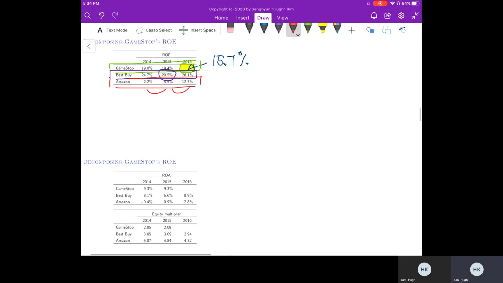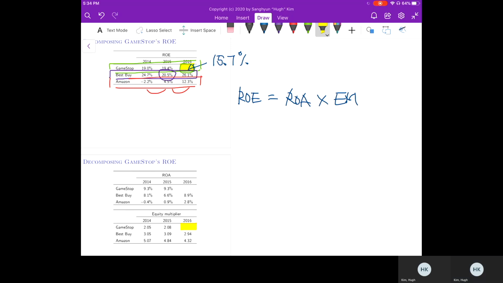So we're going to dive deeper to see what's happening with GameStop. We're going to decompose ROE into two parts, ROA and equity multiplier. Again, ROE is ROA times equity multiplier. Let's first compute the equity multiplier for 2016.